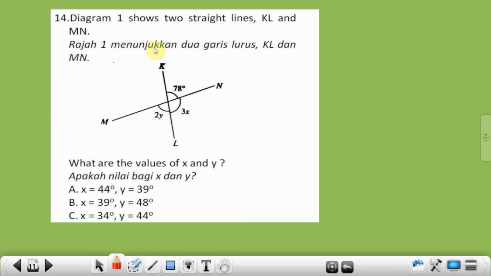Okay, next, diagram 1 shows two straight lines KL and MN. What is the value of x and y? When we have two straight lines intersecting, 2y will be equal to 78 degrees, so y is equal to 78 degrees divided by 2.